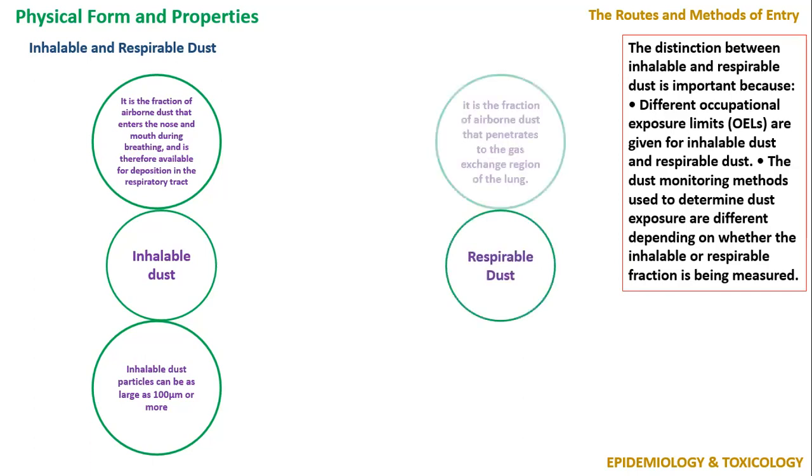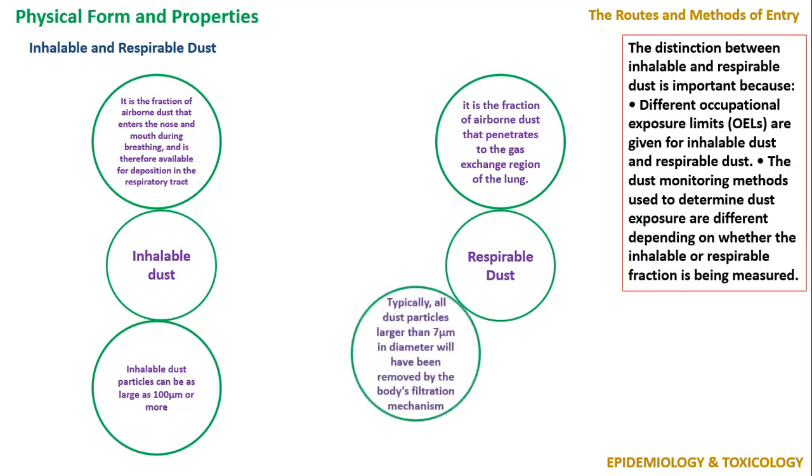The respirable dust is the fraction of the airborne dust that penetrates to the gas exchange region of the lungs. The respirable dust can enter into the lungs. Dust particles that are larger than 7 microns in diameter will have to be removed by the body's filtration mechanism.